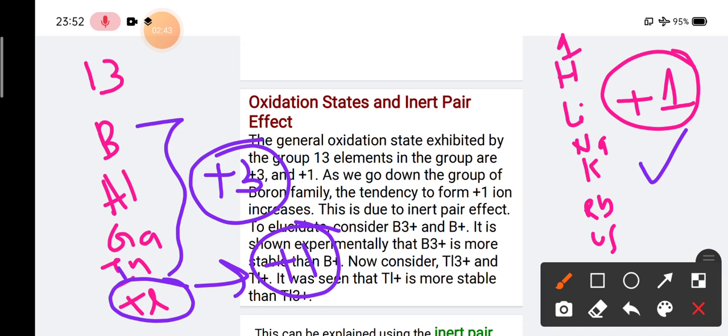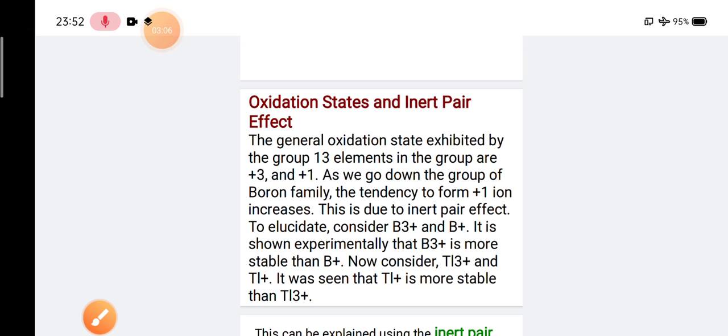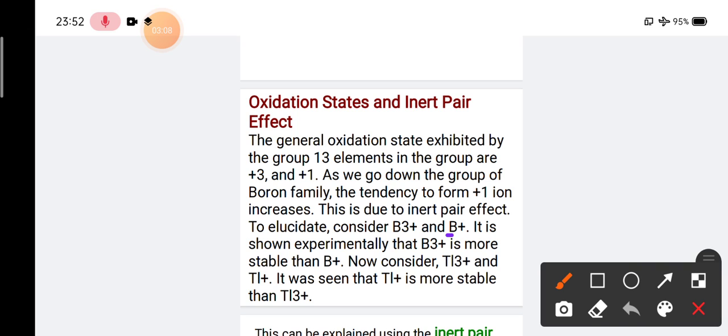So the oxidation state differs, and it is clearly shown that in group number 13, as we go down the group of the boron family, the tendency to form plus 1 oxidation state increases. It can be seen clearly that B plus is less stable than B3 plus.